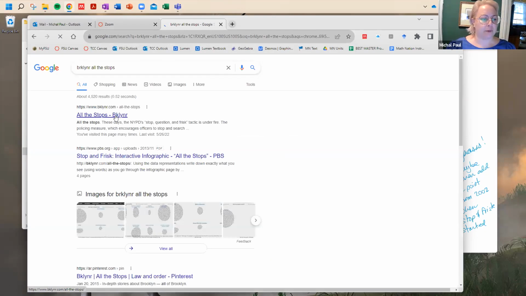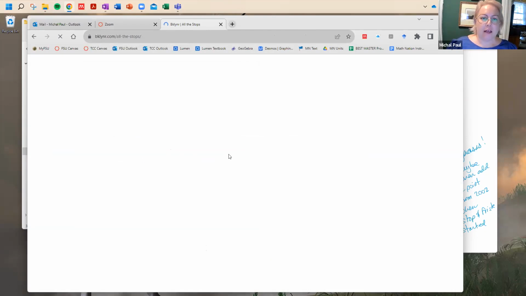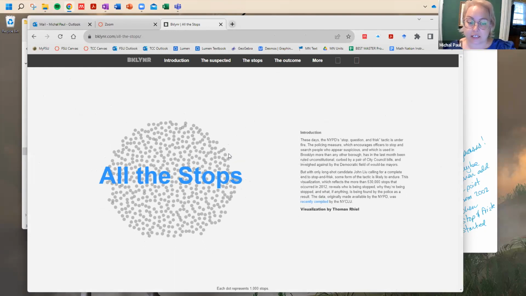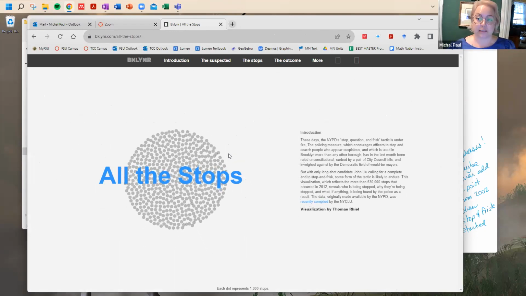It's a beautiful dynamic infographic that was made not by mathematicians and statisticians, but by journalists at this magazine with the hope of contributing to the Supreme Court case. And it worked. This was data that was presented in court.